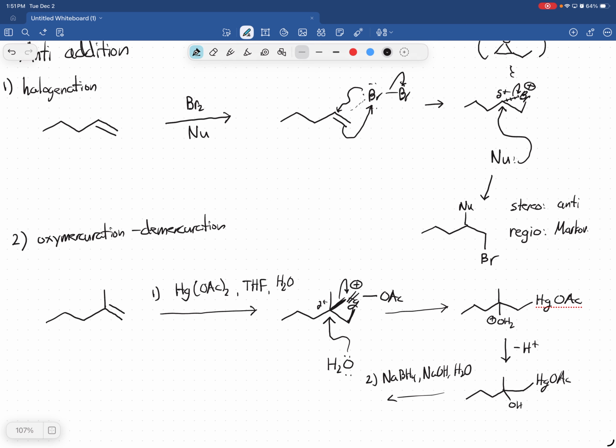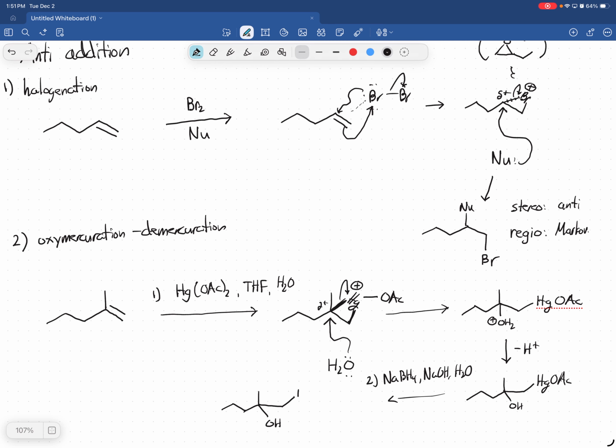Okay, so then we get, so what does this do? It's called demercuration. So that removes the what? Yeah, the mercury. Good. So now you have just an H here. Now, since this is a radical, remember the mechanism I taught you? It's radical based. So the H and the OH are not actually anti-added to each other.